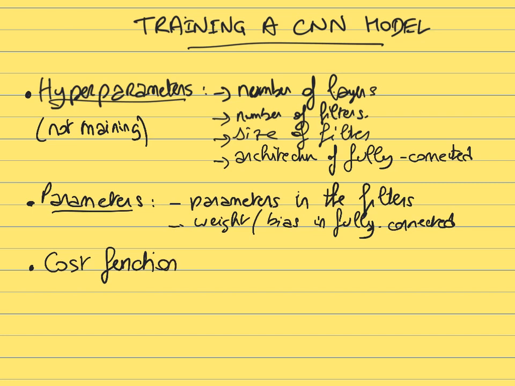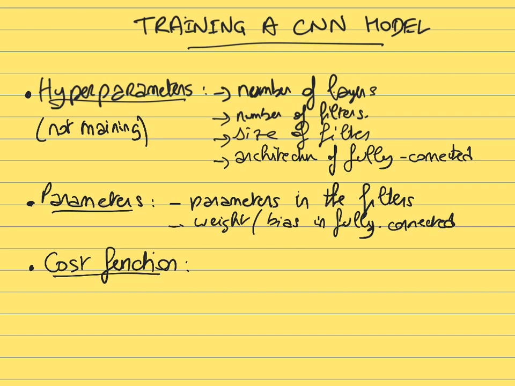This cost function is going to be the error of your model, based on the square difference between the output of your model and the output that you were expecting your model to give you. For example, you can use the mean square error as a cost function, but there are other possibilities.